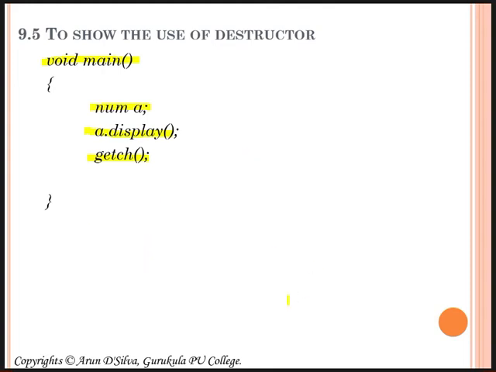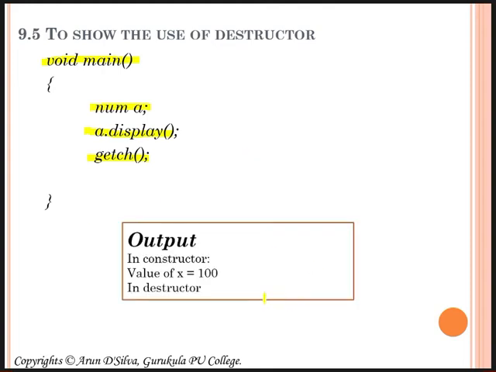So how does the output occur? First, when a is created, the constructor is automatically invoked by the compiler and the message in constructor is displayed. Then we called a.display, so the member data x of object a, which is assigned 100, is displayed as the value of x is 100.